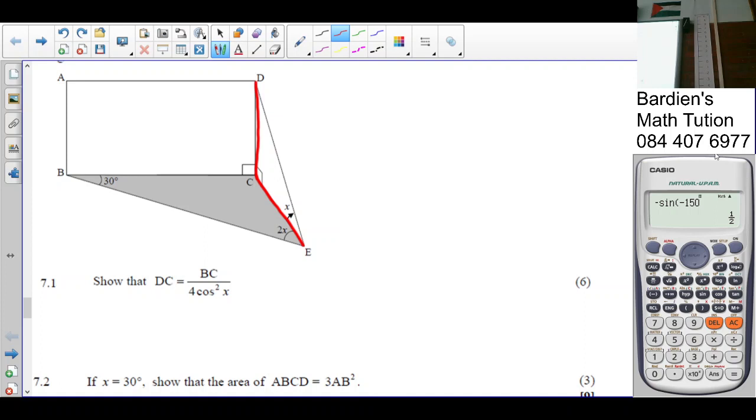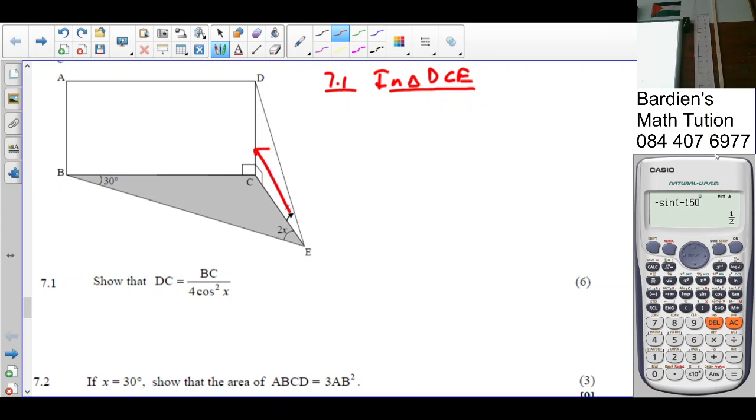Why that one? Because that's basically the link between the two triangles. So I set it up by saying, in triangle DC. Do I have to say that? No, there's no marks allocated for that. If you don't want to write that in, no problem.